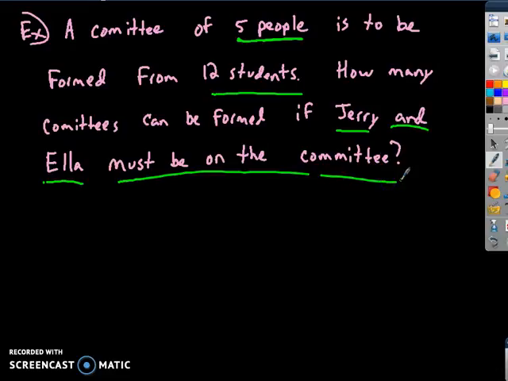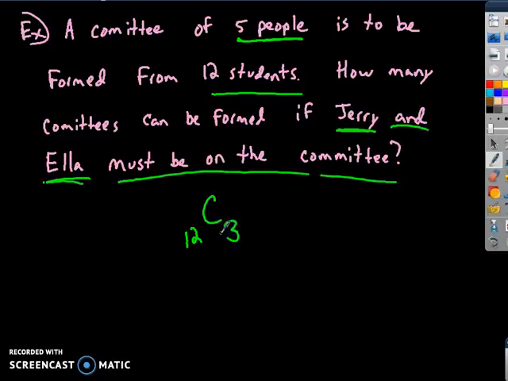All right, so does the order matter? No, a committee is like a team. The order the person was selected doesn't change their place on the team. So it's a combination. We got 12 people to choose from. However, 2 of the 5 people have already been decided. It's Jerry and Ella. So are we really selecting 5 people? No, we're really selecting 3 people.